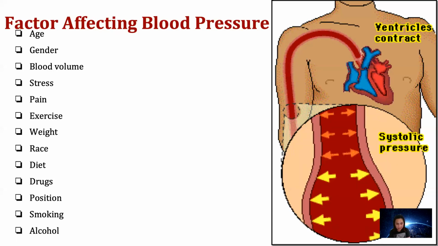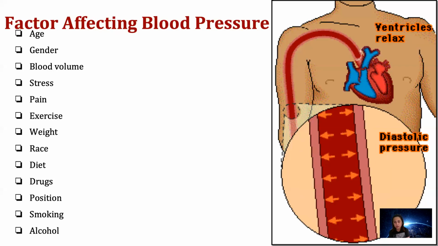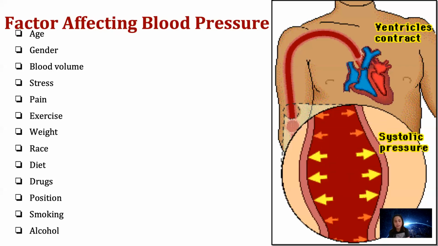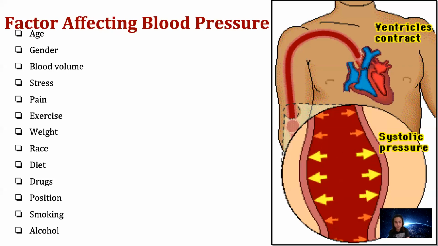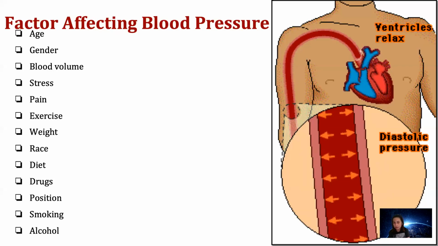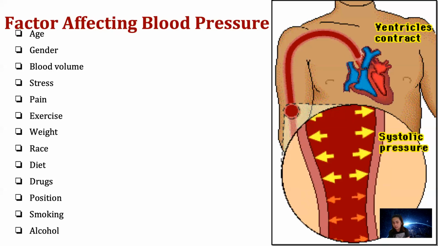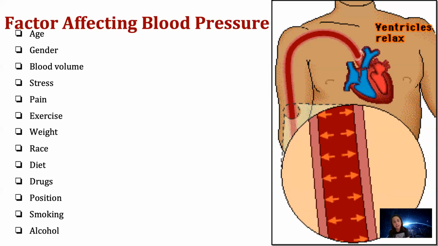Then sa diet, kung mahilig ka sa salty foods and fatty foods, okay, salt will attract water. Always remember, salt attracts water. So kung marami kang salt, dumadami ang blood volume mo. Pag dumami ang blood volume mo, it will increase also your blood pressure.